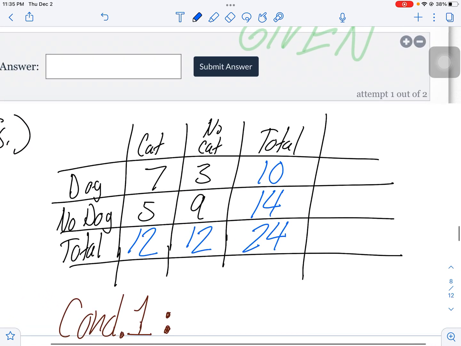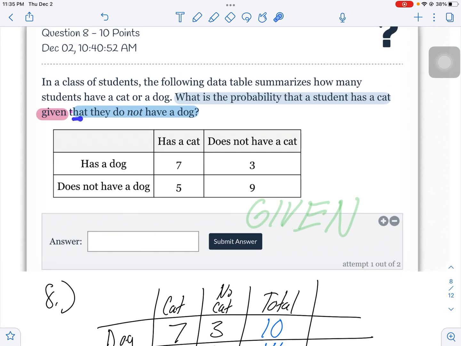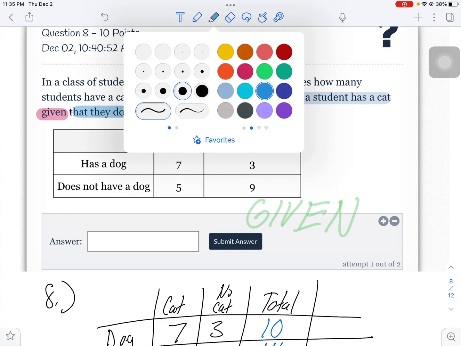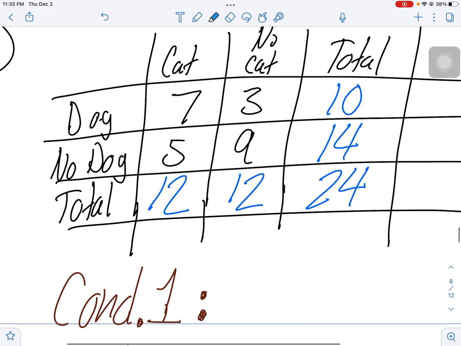So let us see what our first condition is. Our first condition is, what is the probability that a student has a cat? But it says given there. That given, kiddos, is going to make the second condition actually our first. So given that they do not have a dog, that's going to be our first condition.